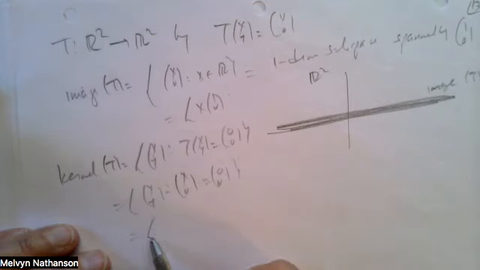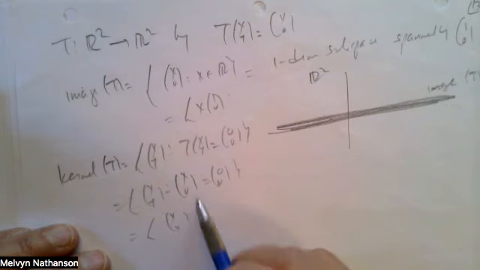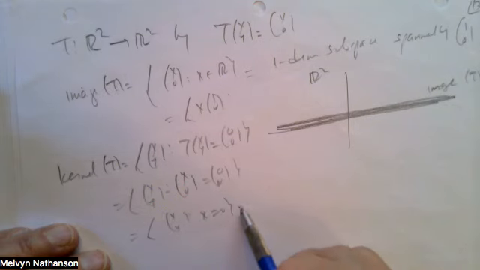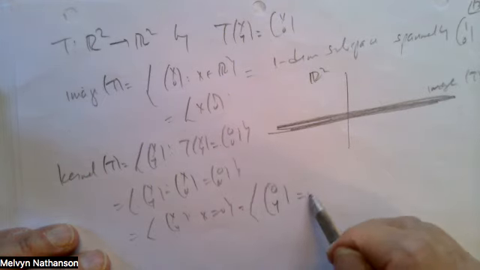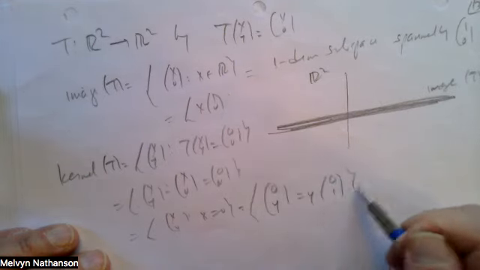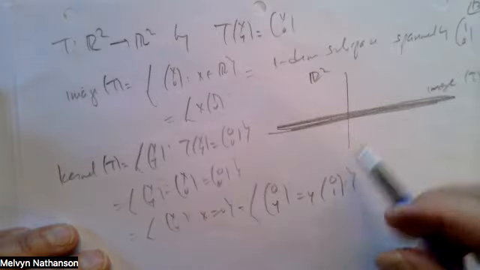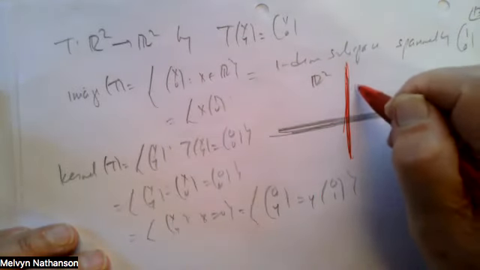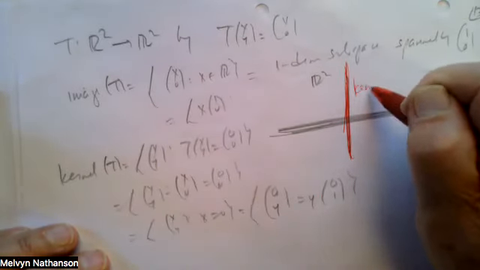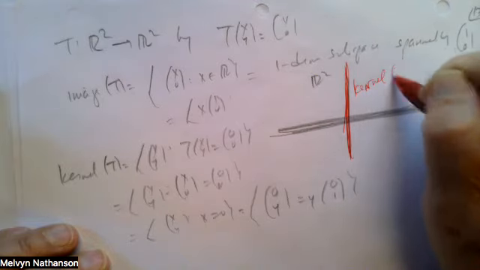So this is all vectors (x, y) where x is 0. In other words, it's all vectors (0, y), or y times (0, 1). That's the unit vector on the y-axis. So the y-axis is the kernel of T.